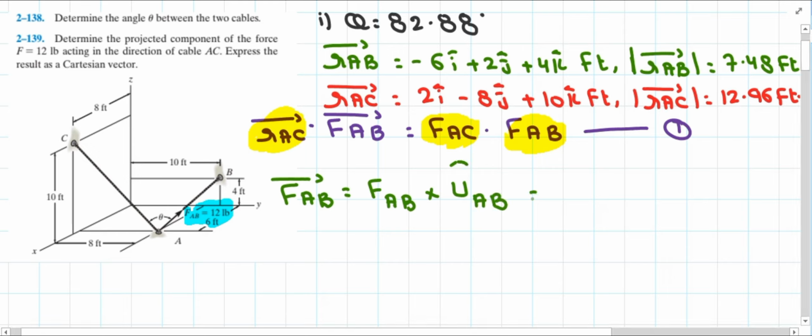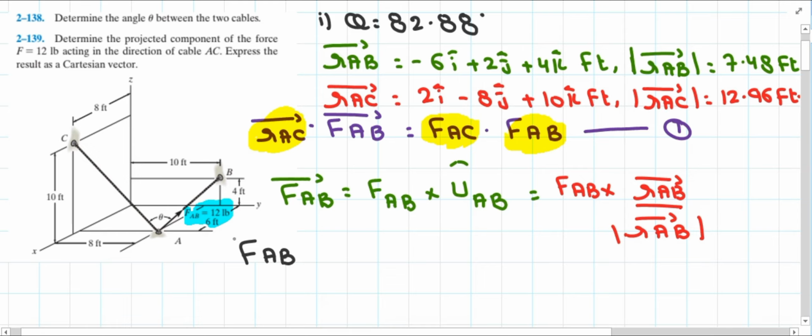The unit vector is equal to the vector upon its magnitude, so it could be written as the magnitude of FAB times the position vector of AB divided by the magnitude of AB.